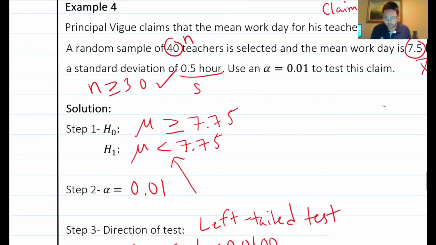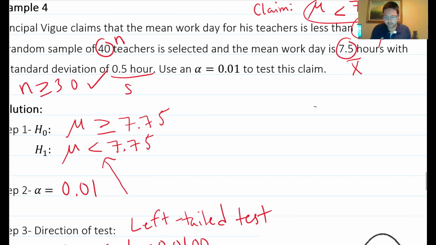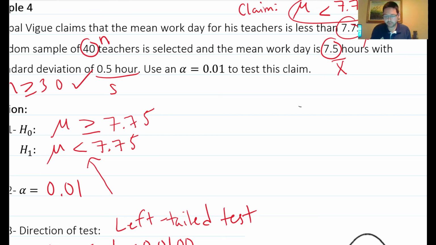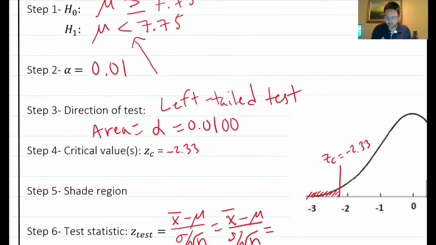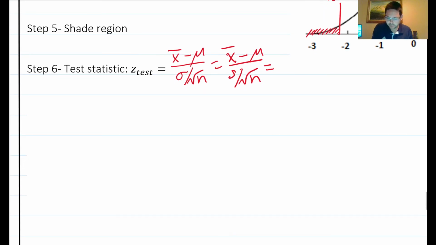Well, they said in the problem that when they did the sample, they got 7.5 hours, and then the mu is 7.75. S is 0.5, and we have a sample of 40 teachers. Okay, so we have here 7.5 hours minus 7.75 for the mean over 0.5 for the standard deviation over square root of 40 teachers. So let's see what we get there.